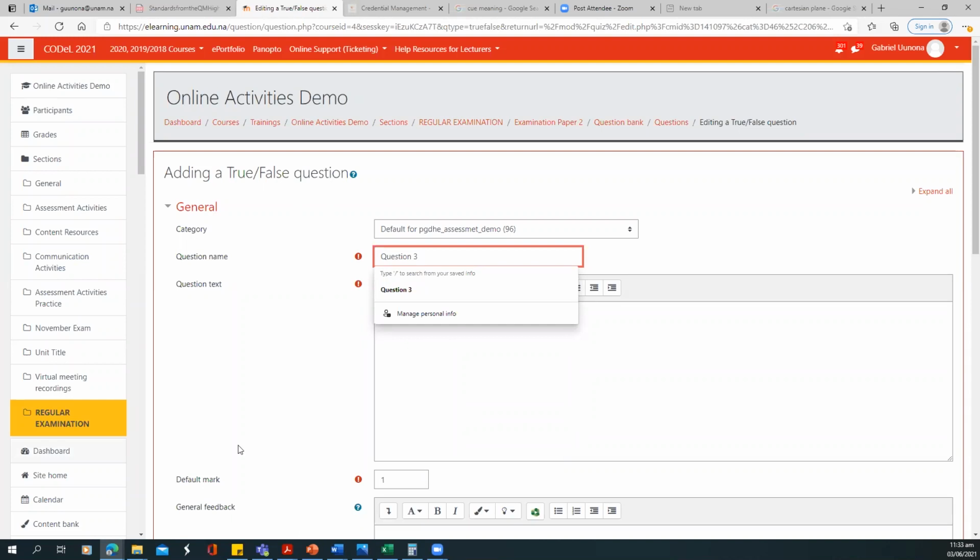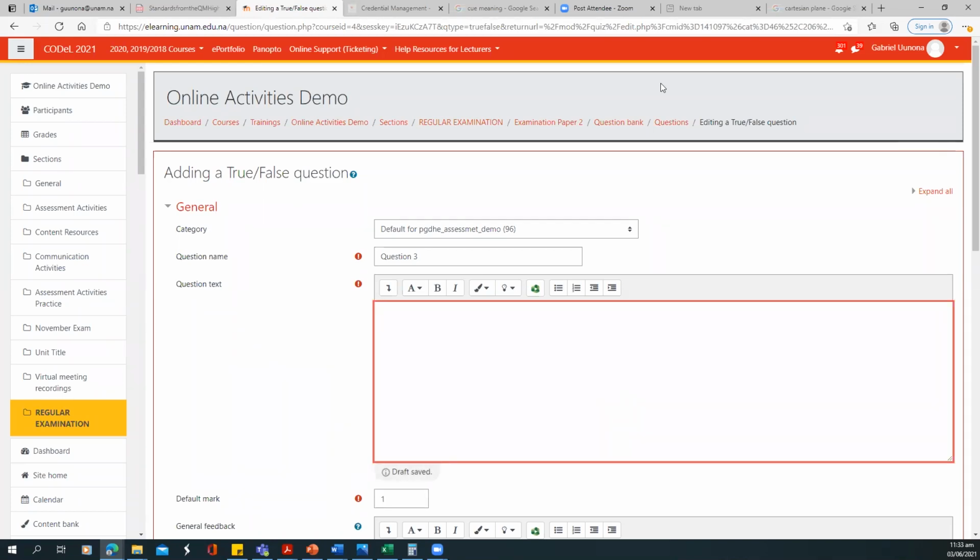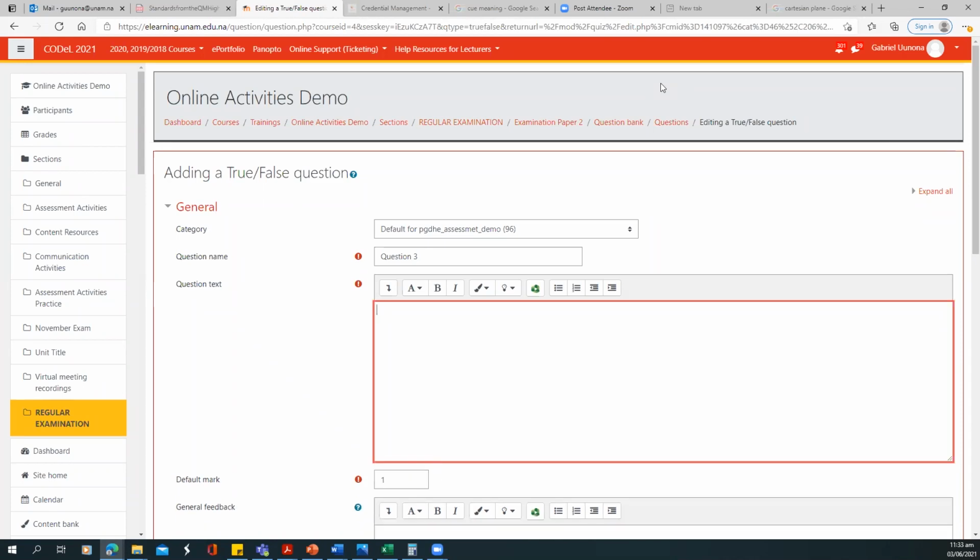All right. For true or false, let's put a statement here. Normally, in a traditional way, the instruction would say whether the following is true or false. But in the context of Moodle, you wouldn't need to add that instruction. It will come by default.